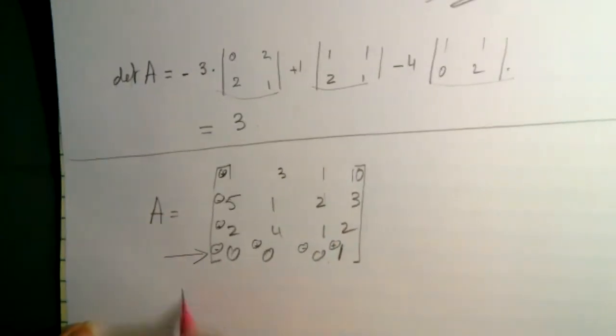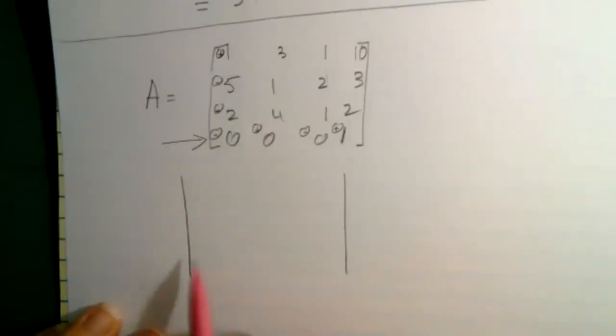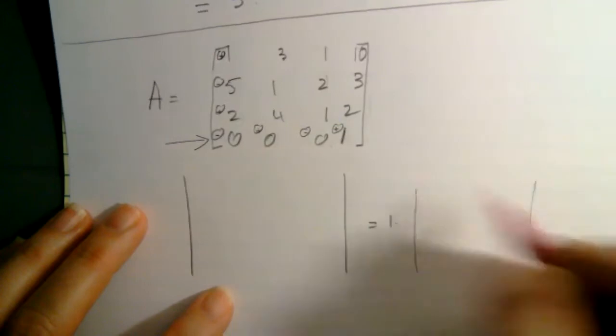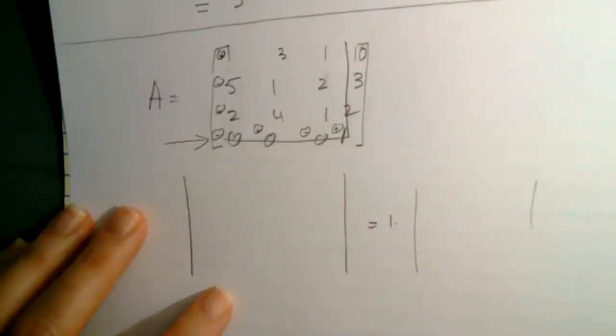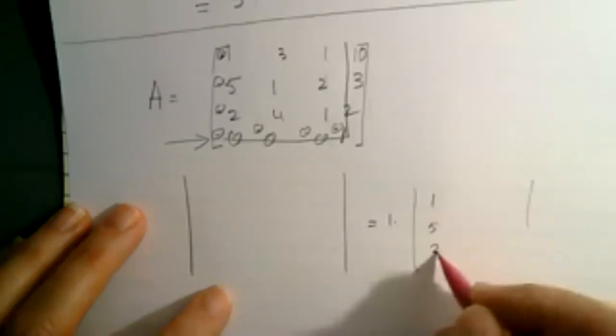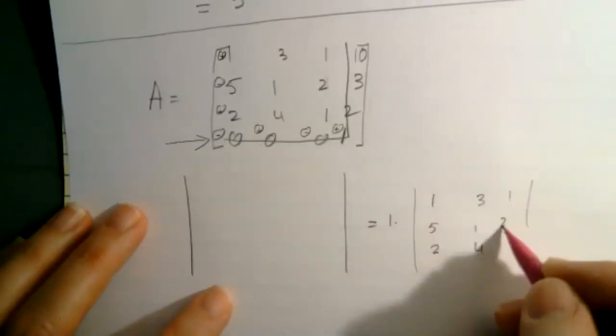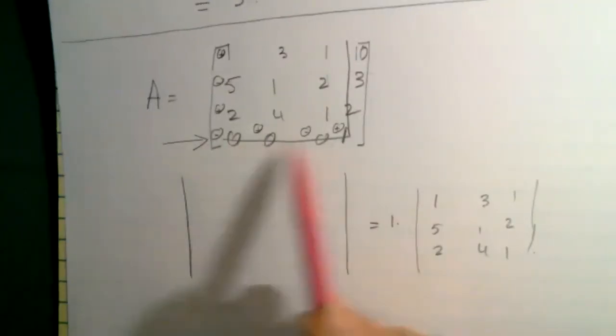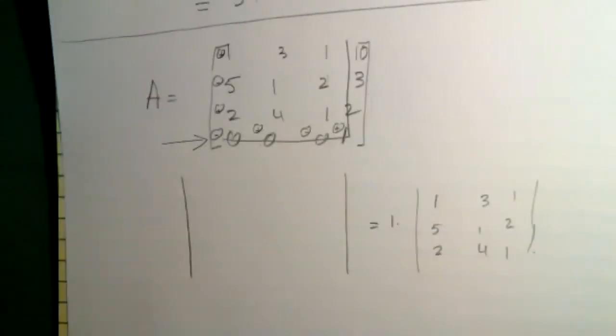So the determinant of A, as you realize, I put between vertical lines, is going to be 1, because this is 0, 0, 0, times the determinant of what's left over, the determinant of that, which is 1, 5, 2, 3, 1, 4, 1, 2. So now, instead of doing lots of determinants, I can do one of them because we have a bunch of zeros in here. So I can choose this row to compute the determinant. So that's really the benefit of this cofactor expansion. And of course, that's a lot of benefit because we can play those kind of games.